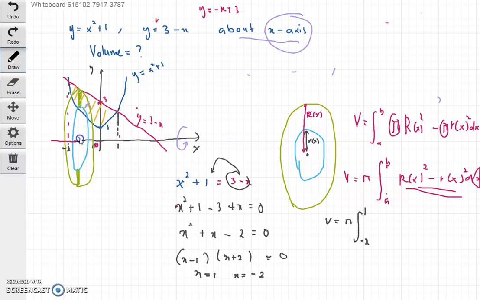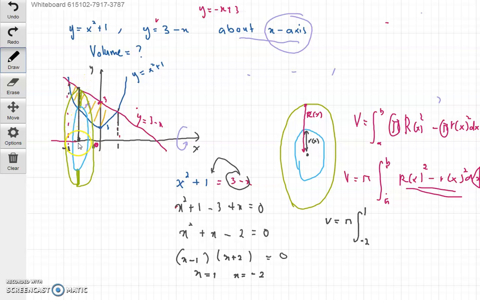Let's say this is our center, somewhere here, because you must have an equivalent distance from the upper part to the bottom one. In order for us to calculate big R, it must be top minus bottom.